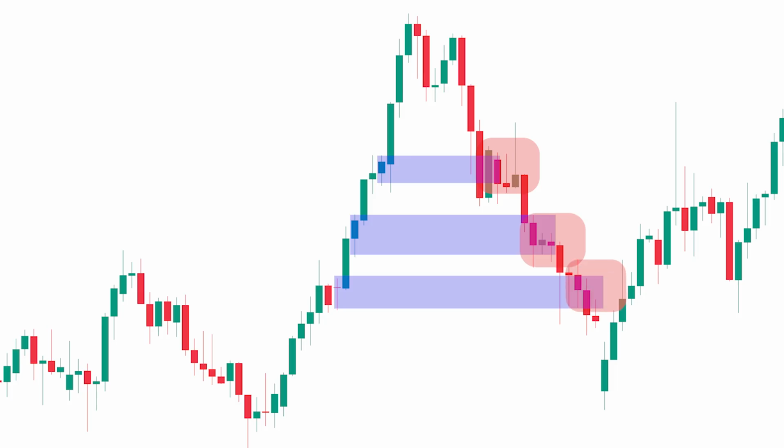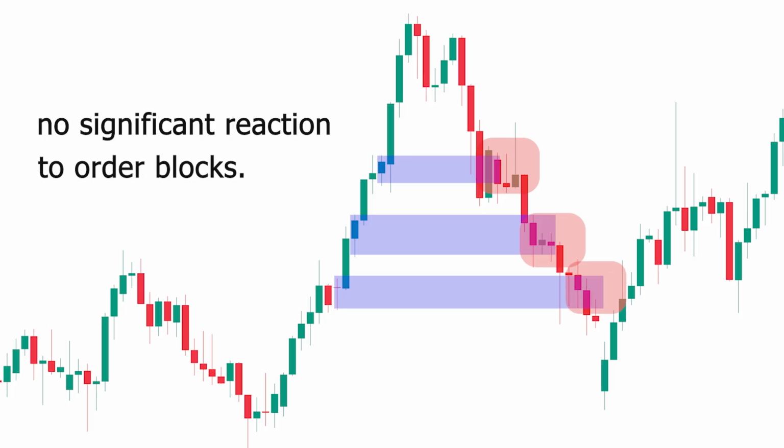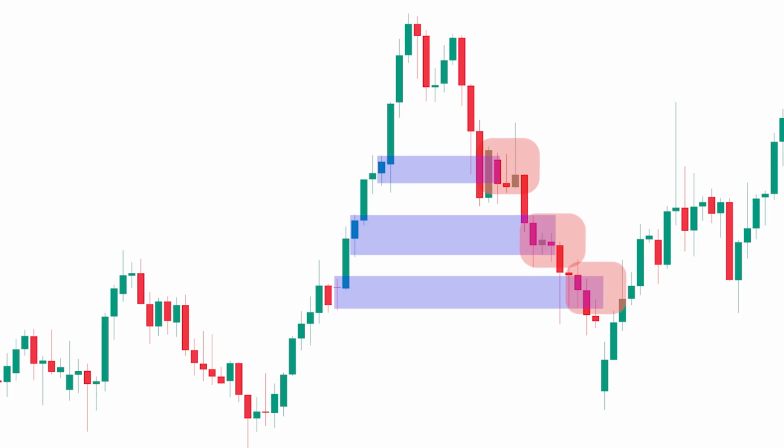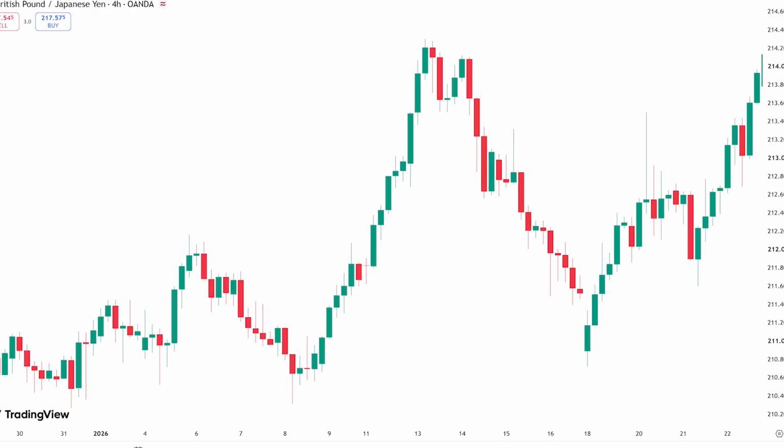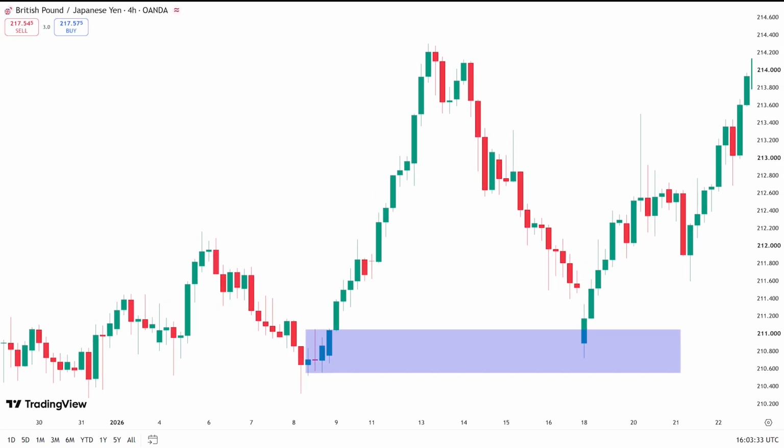Price frequently trades through these areas with ease, triggering premature entries before continuing towards the deepest and most significant order block, where the majority of institutional orders are actually positioned. Understanding this hierarchy helps traders avoid reacting to every order block they see, and instead focus on the zone that carries the strongest institutional footprint.